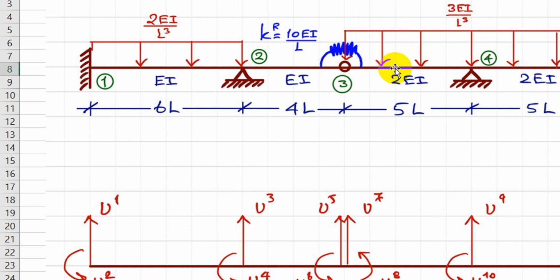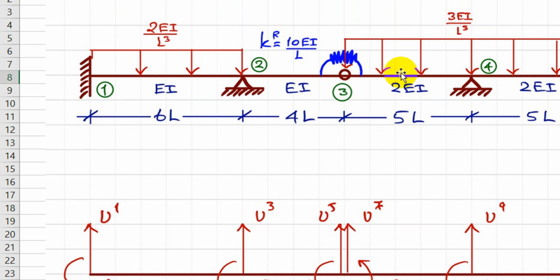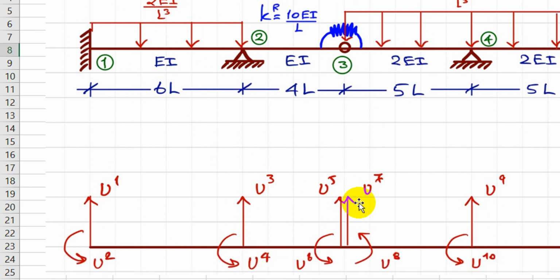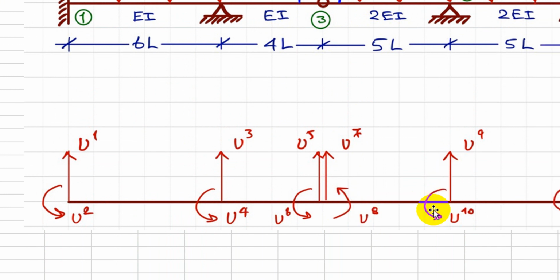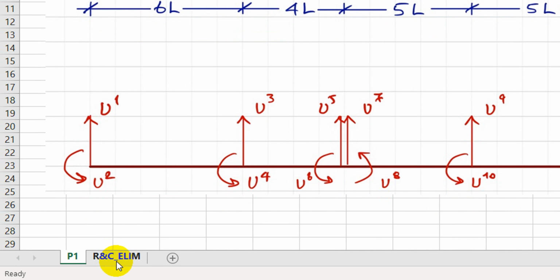Element number 3, which is this one here, has degrees of freedom 7, 8, 9, 10. Basically, number 5 and number 7 move together, so we can simplify it by discarding U7. You can keep it, but you'll be using some technique like a Lagrange multiplier to enforce these 2 degrees of freedom.